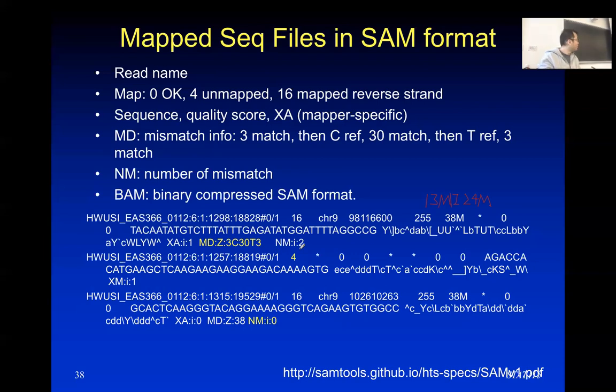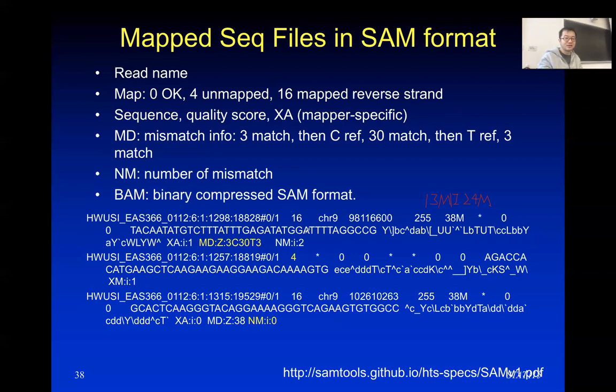Some entries also have other important fields like NH, the number of hits, which says this read is aligned to how many positions on the reference genome. Since there are some repeats on the reference genome, a read can be mapped to multiple positions.